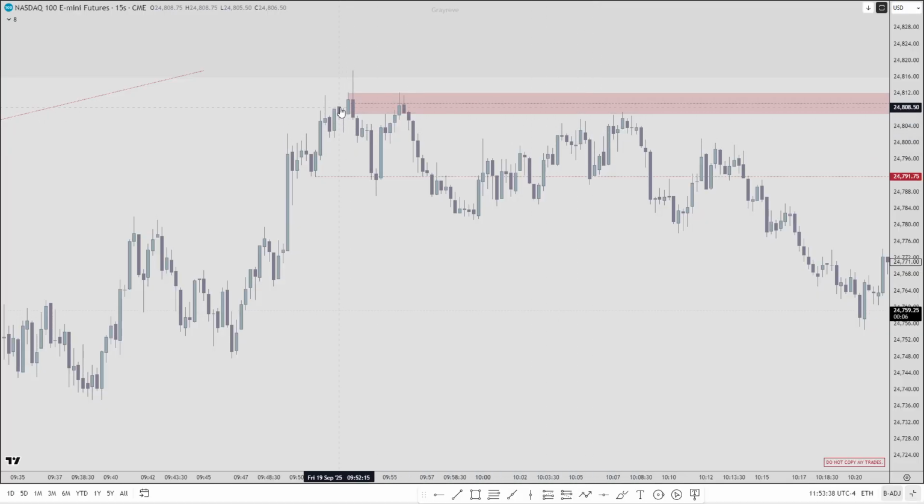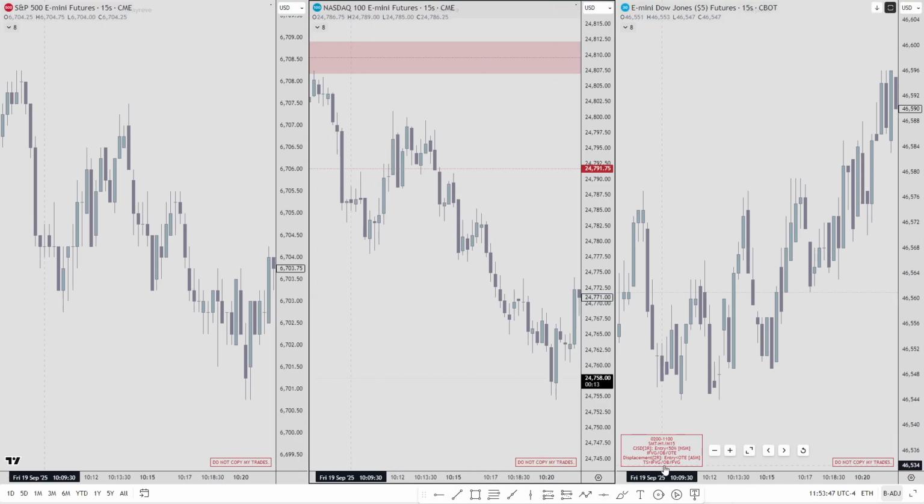First PD array is this one, this two down close candle, this is a breaker, and then right here would be the order block. However, if you take a look, I only use inversion fair value gaps or order blocks. Fair value gaps are my last option. If I really don't have inversion fair value gaps and order blocks, then I will use fair value gaps.